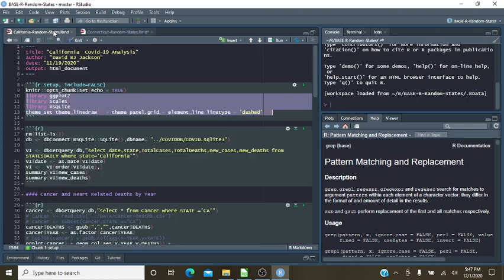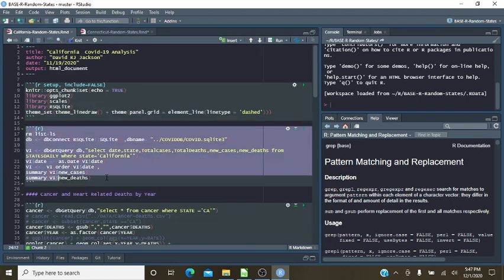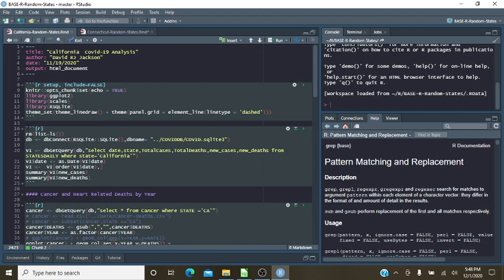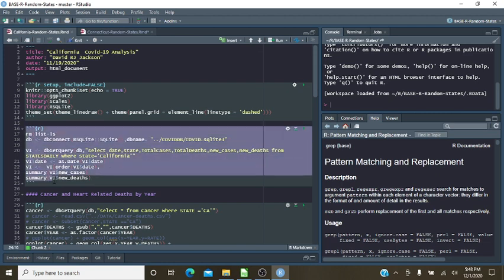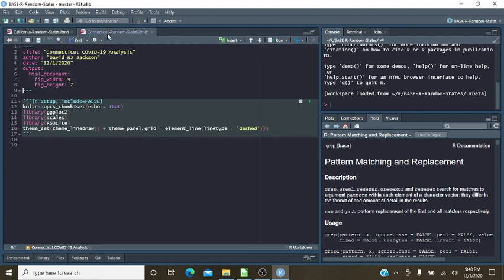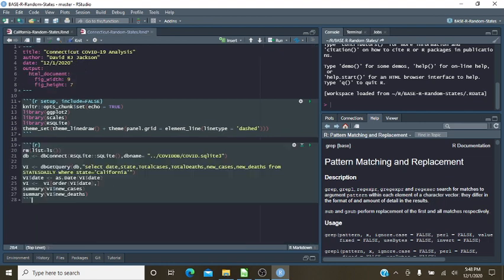Okay, so let's come back over here now. First thing we do is we download our data and do a summary of cases and deaths. The data for this comes from the New York Times, by the way. For this change, California, Connecticut.